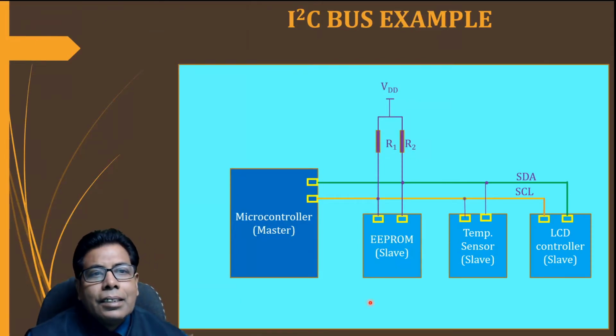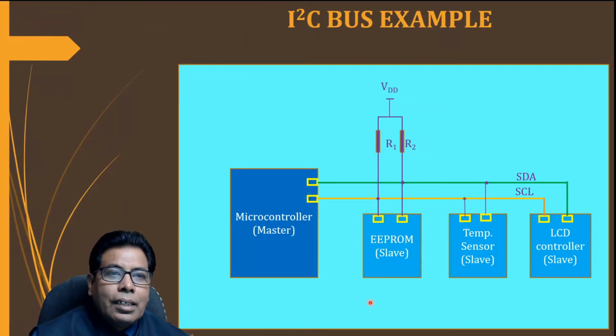Now this is a simple example of I2C bus. Here you find a microcontroller, then the EEPROM, temperature sensor and LCD controller. So there are 4 devices and these are connected by this bus, the 2 lines SDA and SCL.